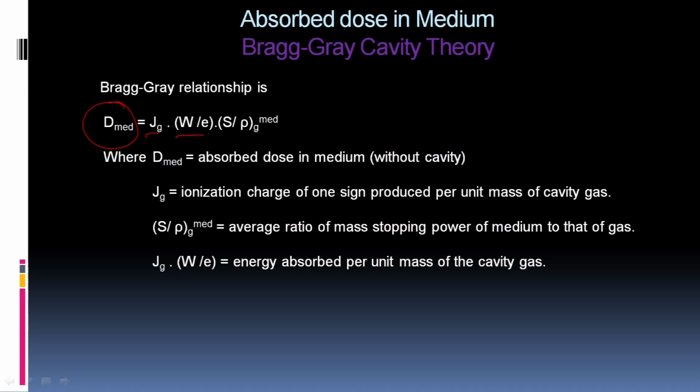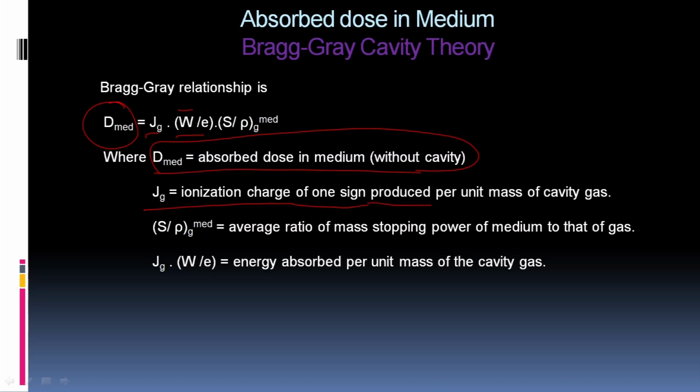W by E is the average energy absorbed per unit mass of the cavity, and D medium is the absorbed dose in the medium without the cavity. We neglect the cavity and consider it a uniform medium.